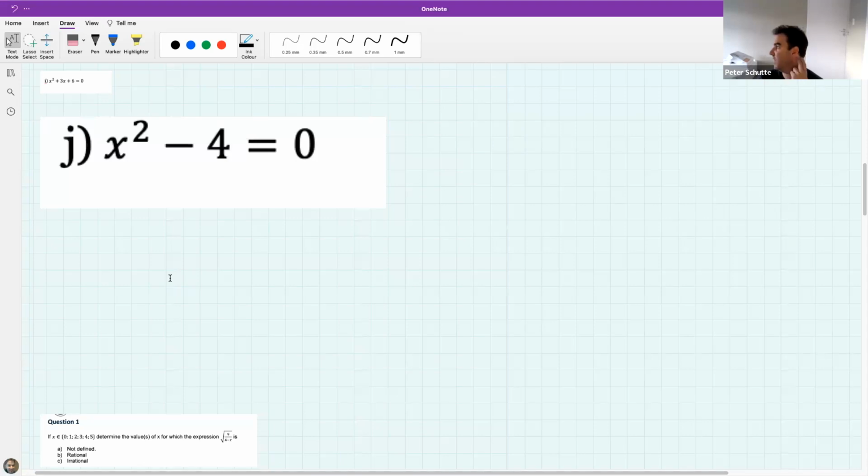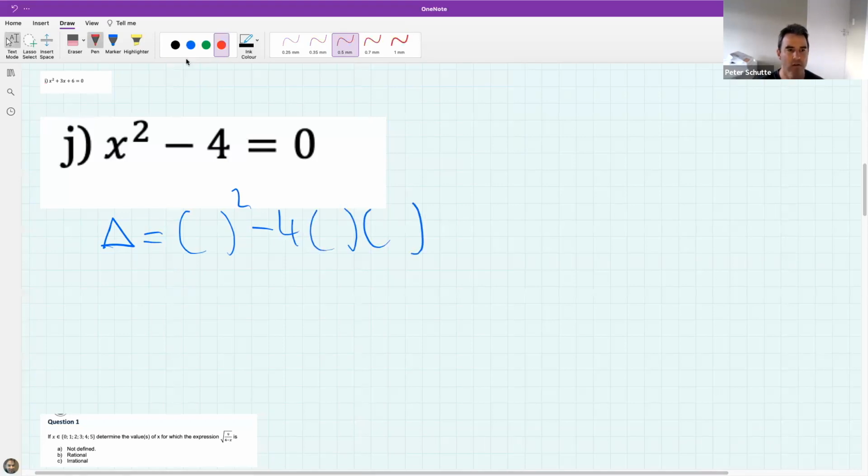Again, we're not solving the equation, even though it would be easy here. We're simply classifying the nature of the roots. Now, what would B be here? This is a bit tricky.